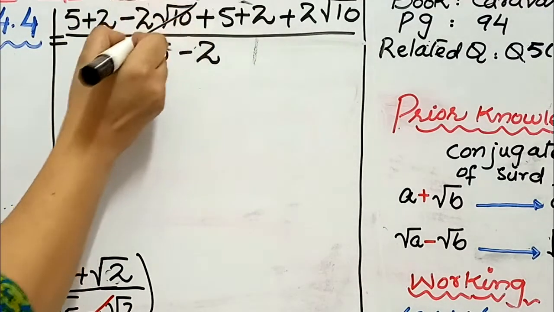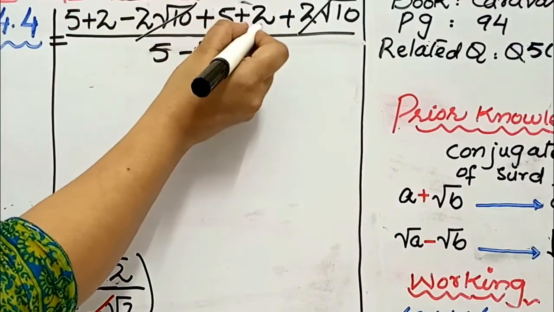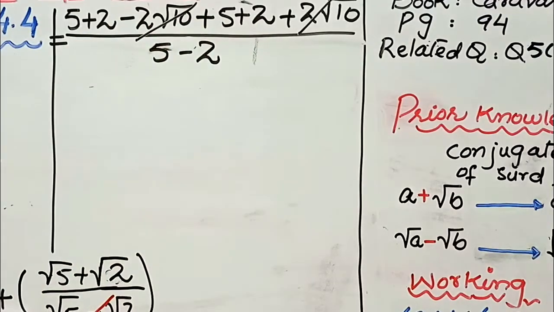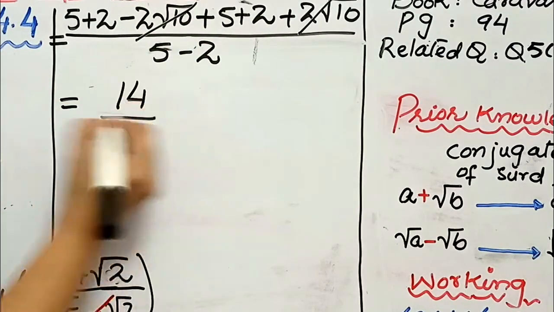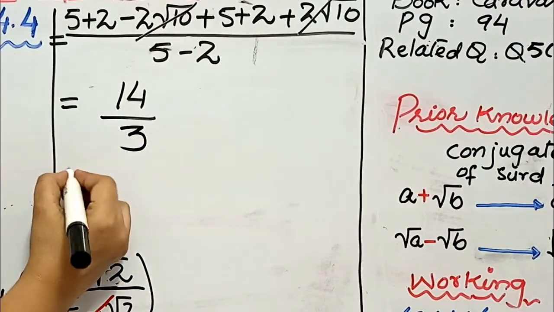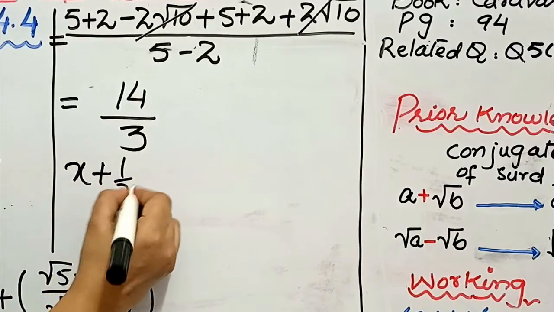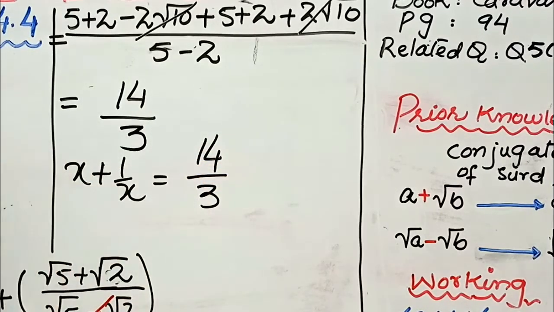So plus minus cancel, that is 5 plus 2, 7, plus 5 plus 2, that will be 14 by 3. Hence x plus 1 upon x we have found, so that is 14 upon 3.